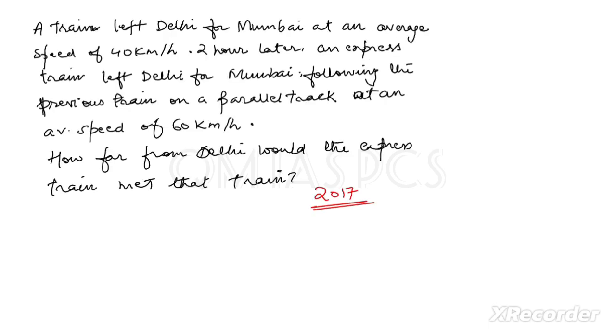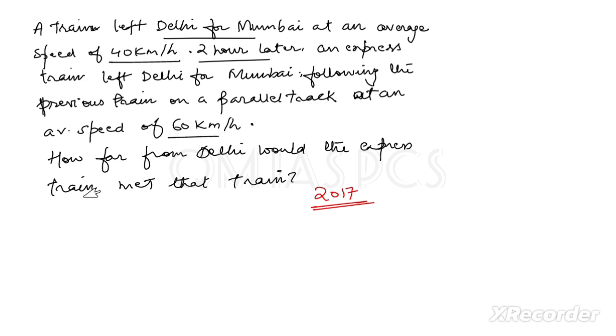The question was: a train left Delhi for Mumbai at an average speed of 40 km per hour. And 2 hours later, an express train left Delhi for Mumbai following the previous train on a parallel track at a speed of 60 km per hour.